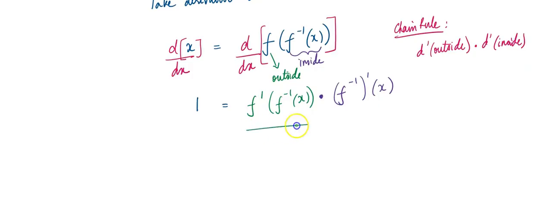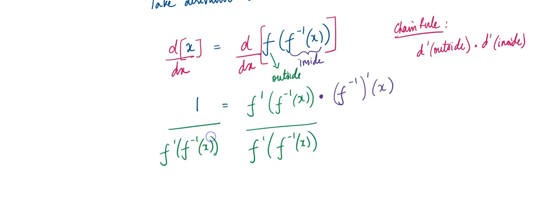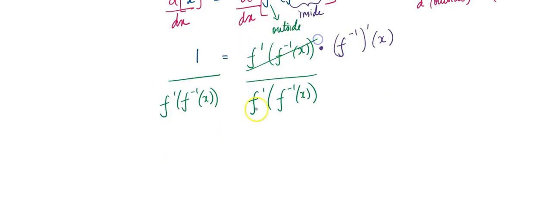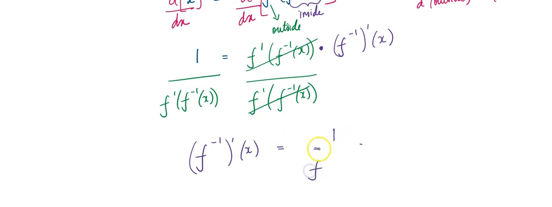So I divide both sides by f prime of f inverse of x. That leaves us with, I'll bring this to the left, f inverse prime of x is 1 over f prime of f inverse of x.